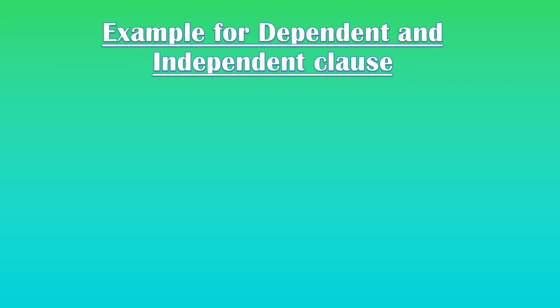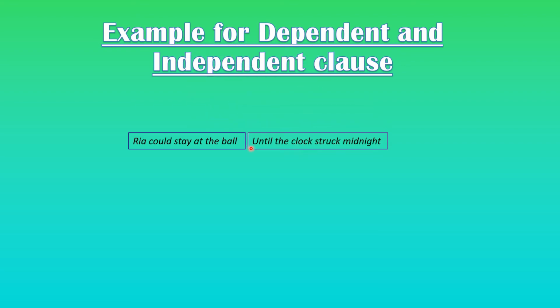So now we will see a combined example for dependent and independent clauses. Ria could stay at the ball, until the clock struck midnight. This full one is one sentence. Can you identify in this which is dependent and which is independent clause?